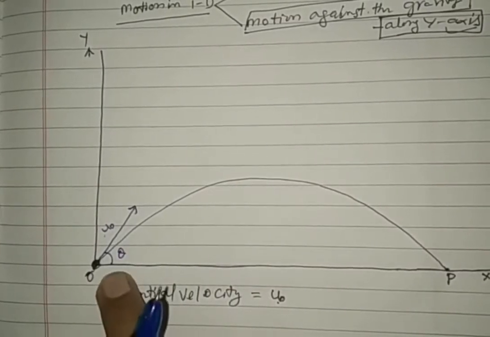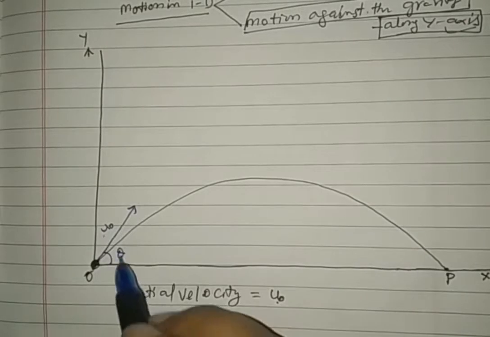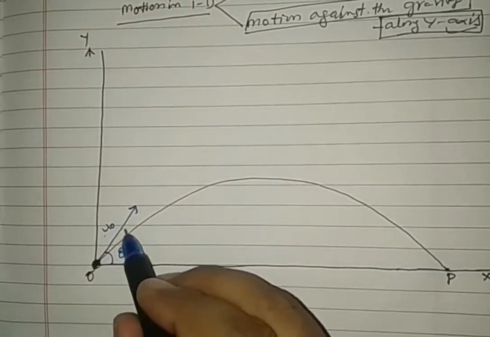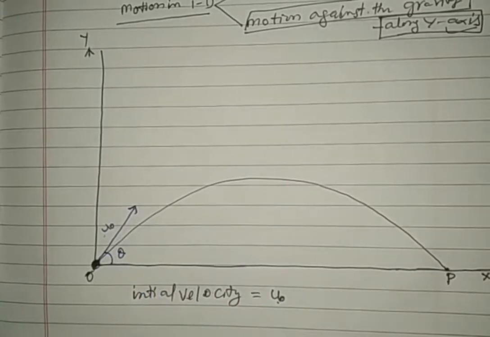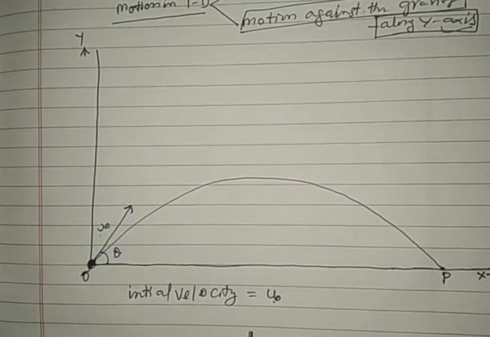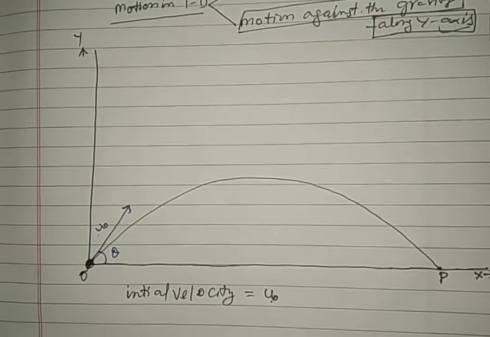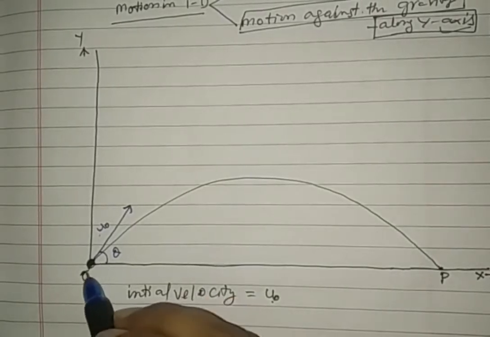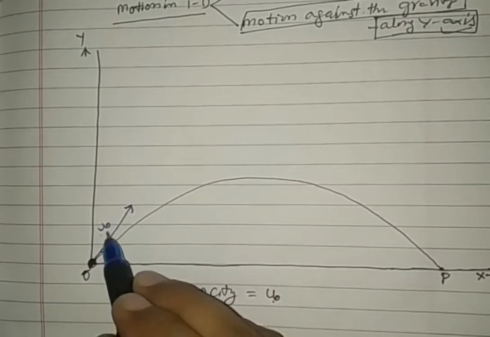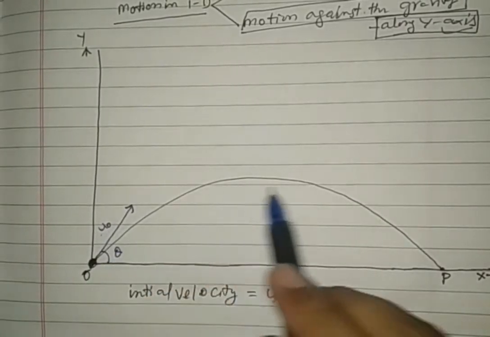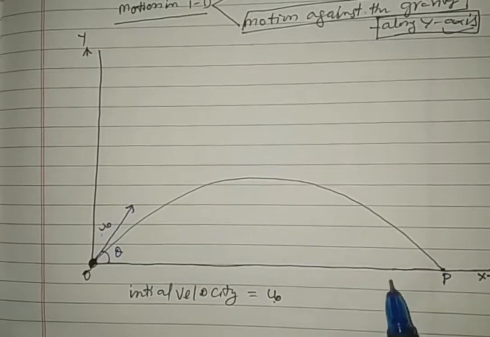Theta is the angle made by the projection and the x-axis. Clear? So it means that a body is thrown making angle theta with initial velocity u naught and followed the path here in the diagram.